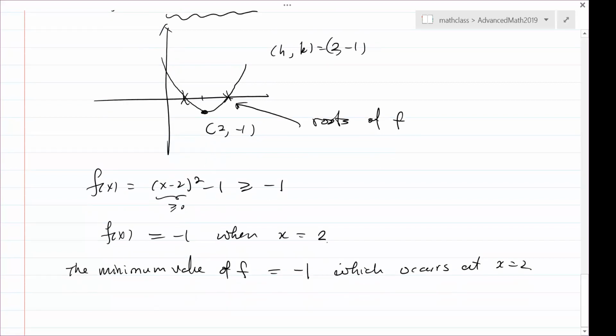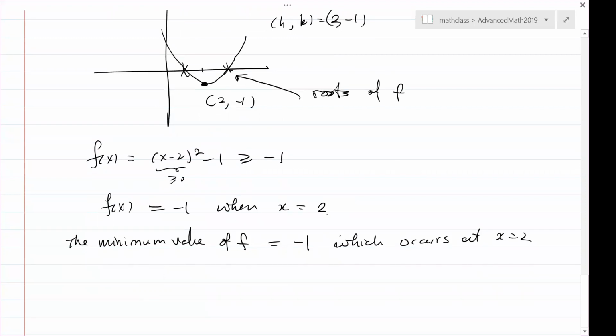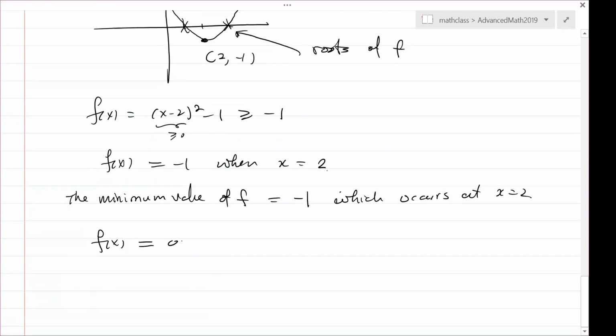How can we find them? We can find them in a couple of different ways. First of all, if you already know the standard expression, then you just need to solve this equation. There are a couple of ways to solve the equation.